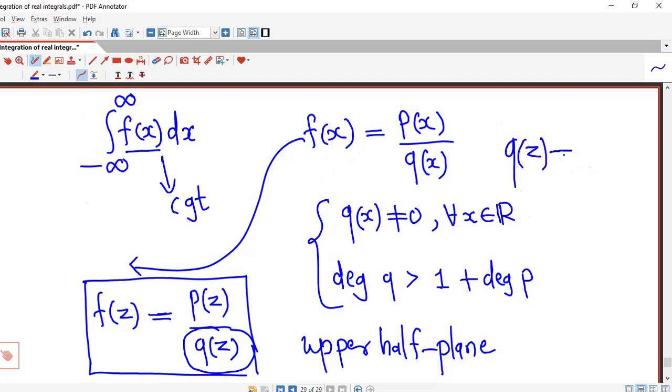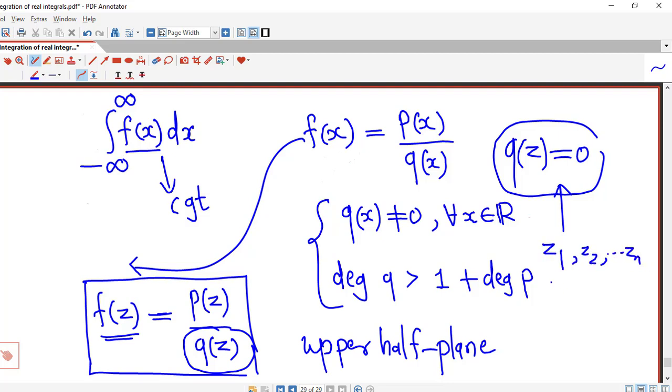So we will find the zeros of q(z), or solve this equation, to find the poles of f(z). Suppose the poles are z1, z2, ..., zn, and suppose all these poles are in the upper half plane. The poles which are not in the upper half plane, we will not consider.